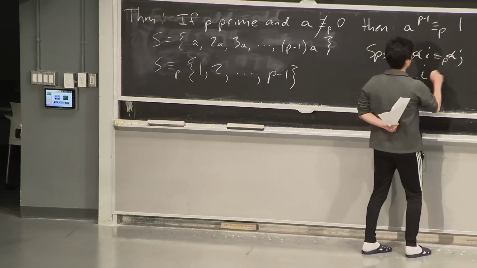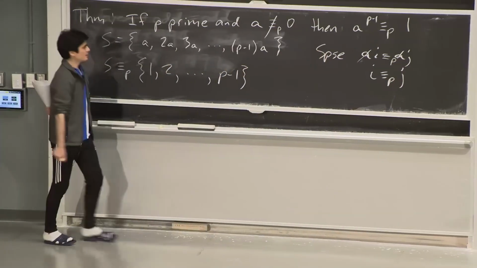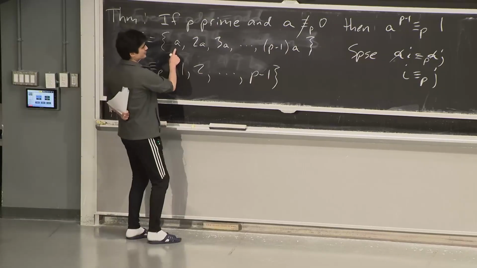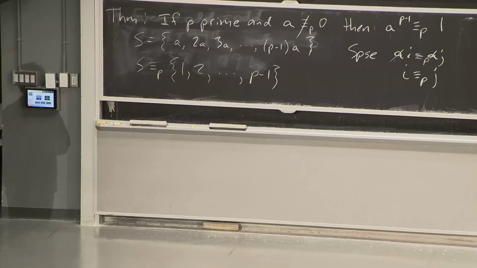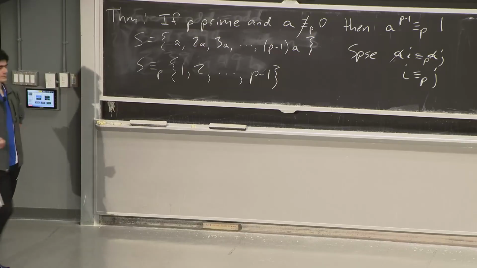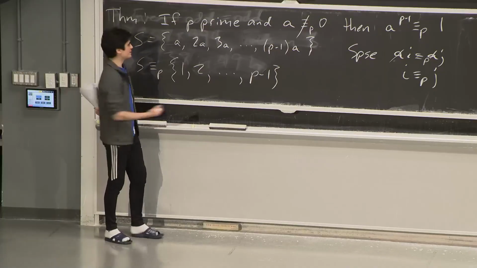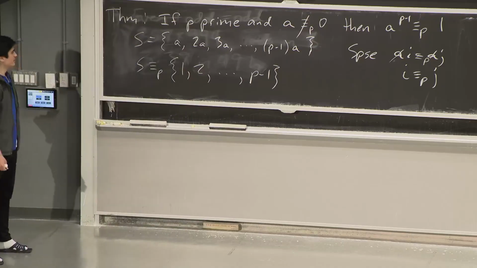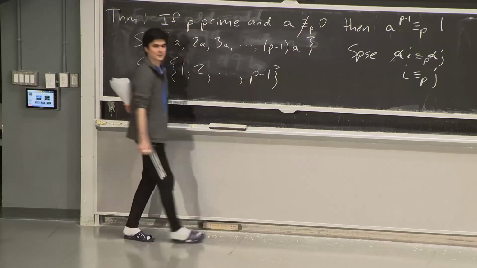So this tells us that i is equivalent mod p to j, right? The two coefficients are equivalent. The two coefficients are coming from the set 1 to p minus 1, so if they're congruent mod p, they're actually equal. So that means that all of these values are going to be distinct modulo p, and none of them are 0.